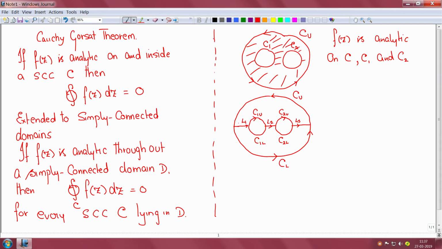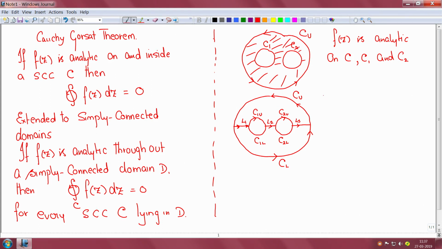So, I have two contours now. C upper comes this way, gets into L1, L1 joins C1 upper, joins L2, L2 joins C2 upper, joins L3, and then I close. Similarly, I have another closed contour with C lower.